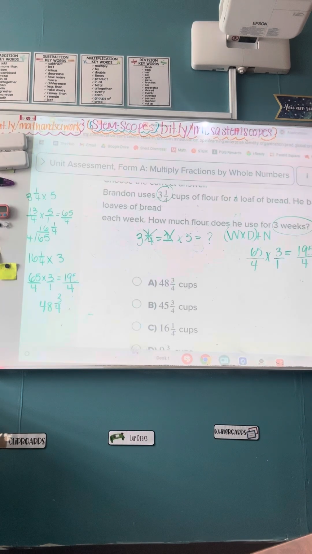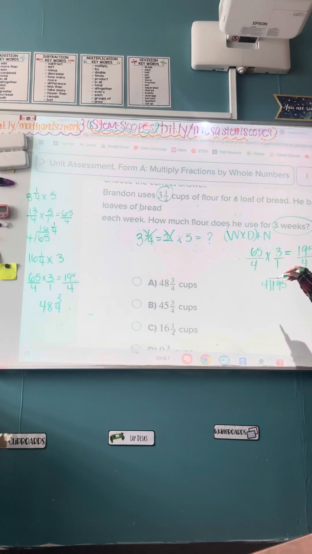All fractions are division. So I'm going to do 195 divided by 4. Or you can find your multiples of 4 that are going to get you close to 195 without going over, or use partial quotients. For the sake of time, I'm going to use standard algorithm division.